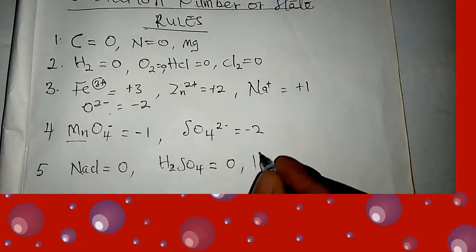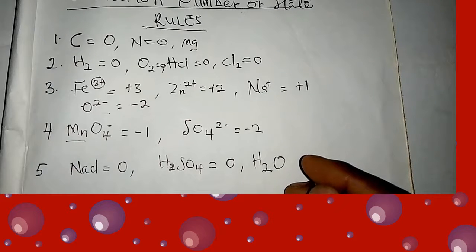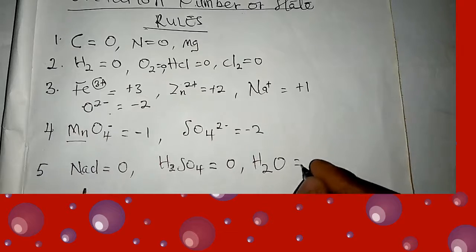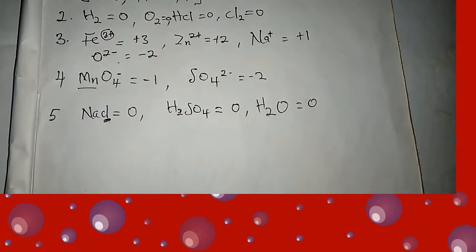Let's take the last example. Water is also a neutral compound, so its oxidation state is equal to 0. Okay, so let's take the last rule and then we start naming some of the compounds.